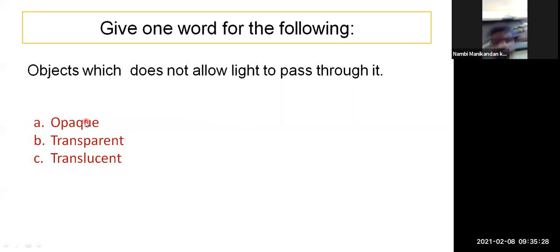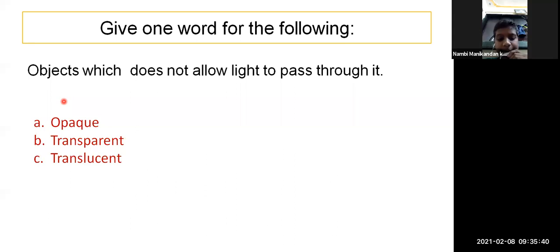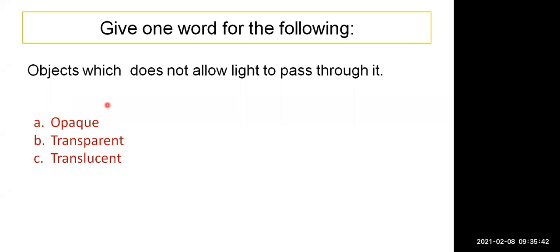So tell me whether it is an opaque object, transparent object or a translucent. Opaque. Very good. It will be an opaque object, right? For example, if you are taking a chair, can the light pass through a chair? No. So that chair will act as an opaque object.